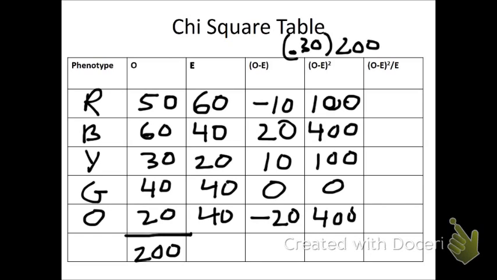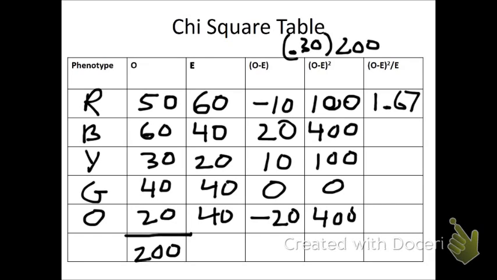Final column is O minus E squared all over E. So for the red row, we're going to take 100, O minus E squared, and divide it by E, 60. Now you could do this in a fraction, but it's probably easier just to do 100 divided by 60, and that gives you 1.67.